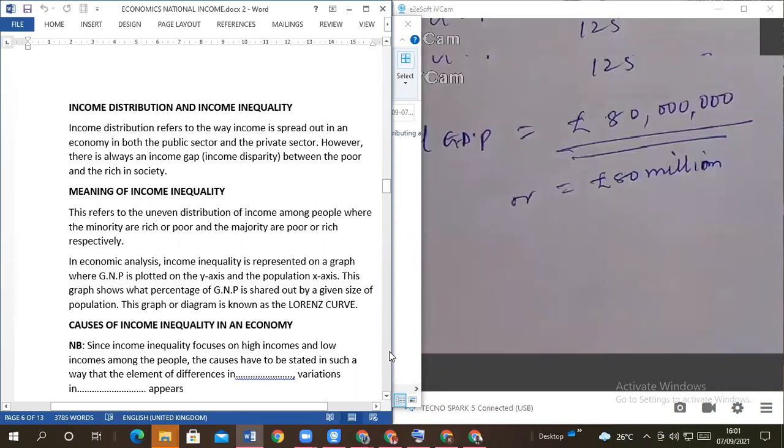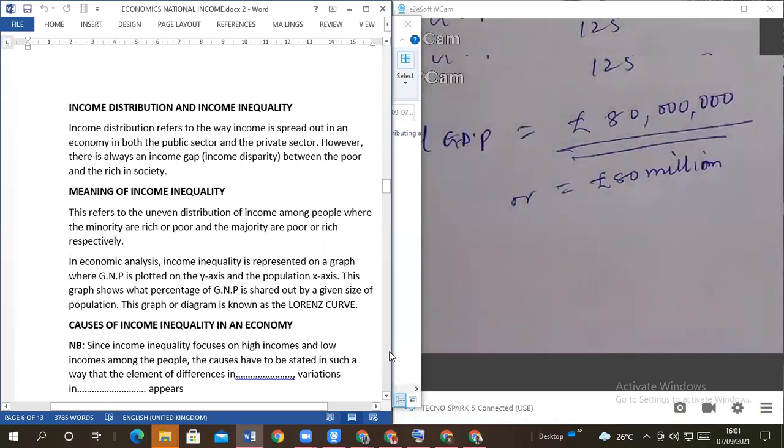Okay. Now, we say it is a spread out of income. However, we find that the different groups of people in the economy have different levels of income. That is why we have what we call the income gap, income disparity, or income inequality.